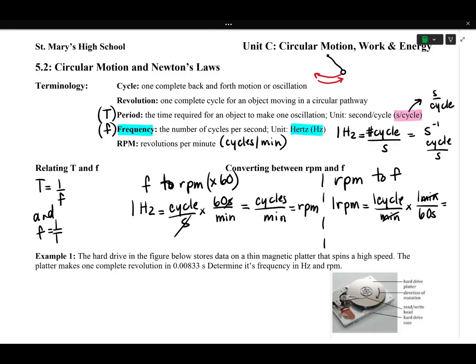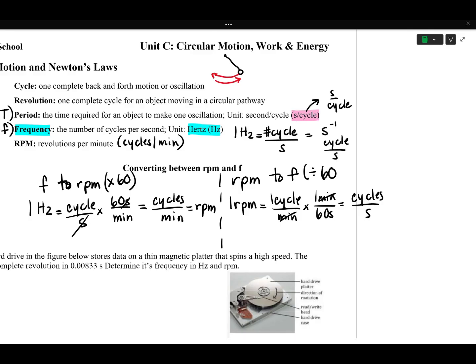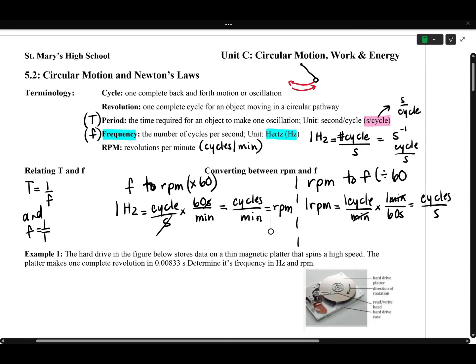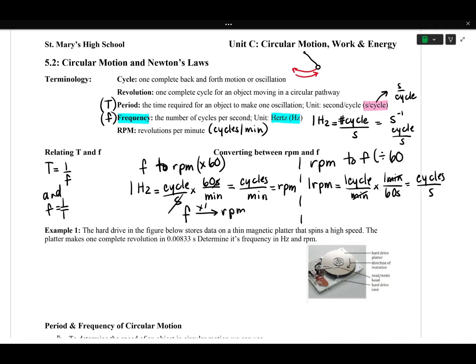Minutes will cancel, and I will now be left with cycles per second. So in the opposite direction, you're just going to divide by 60. An easy way to remember it: frequency to RPMs, multiply by 60, and RPMs to frequency, divide by 60.